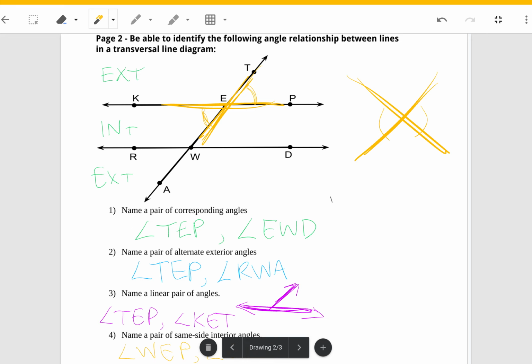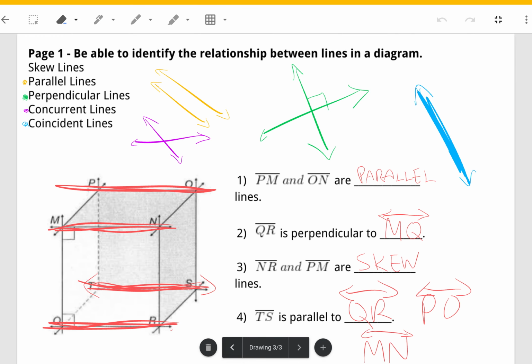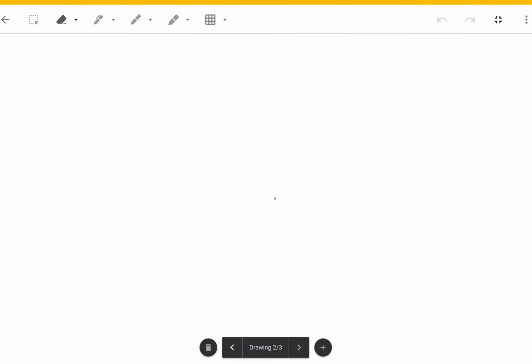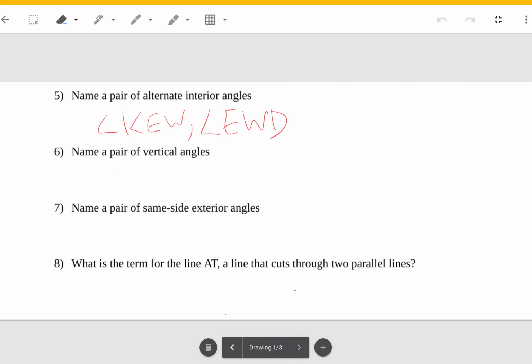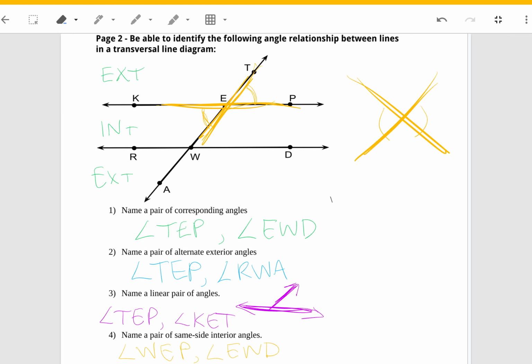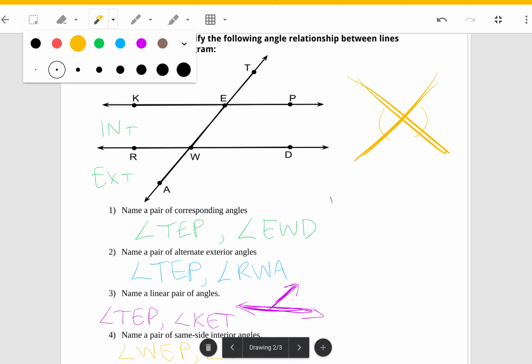So we would name here TEP and KEW. Again, just to highlight that, TEP and KEW are across from each other at that intersection point. So let's erase that, and let's talk about our next one.